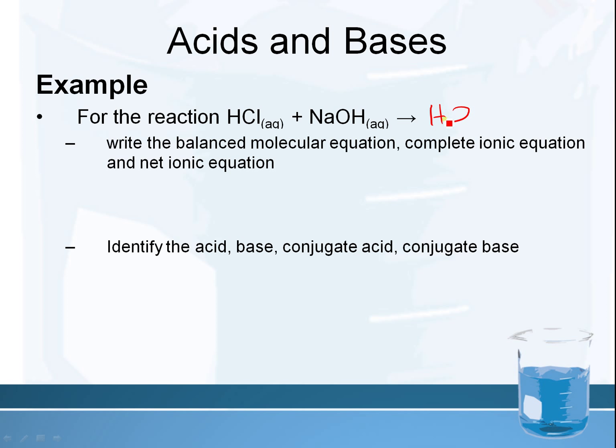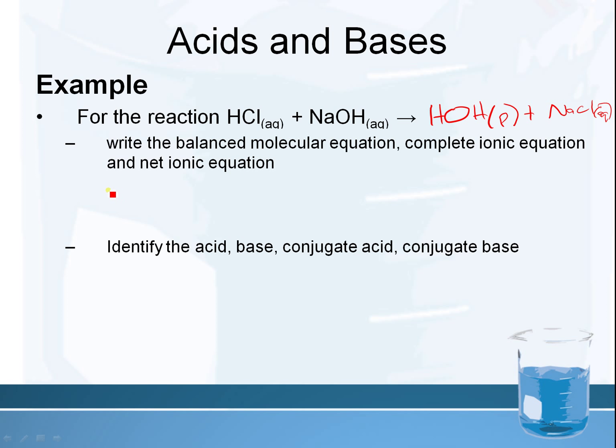This is going to form water, HOH, a liquid, plus NaCl, and NaCl is soluble, so we write it as aqueous. That is my balanced molecular equation. It's a pretty easy one to balance. There are no coefficients, just all 1.